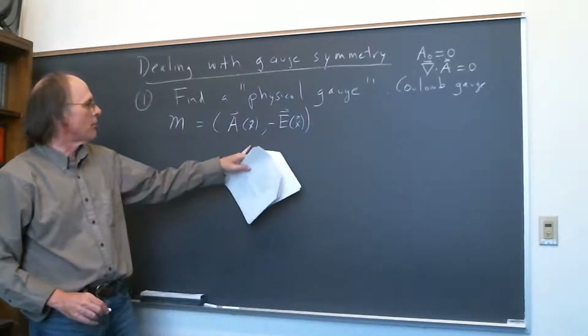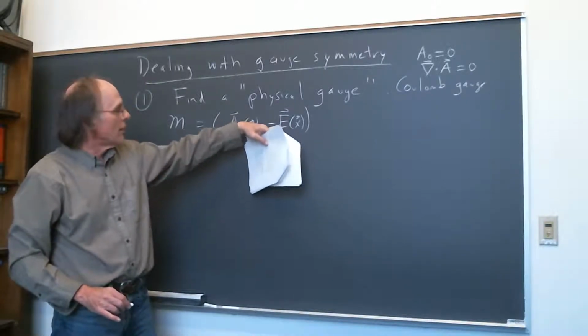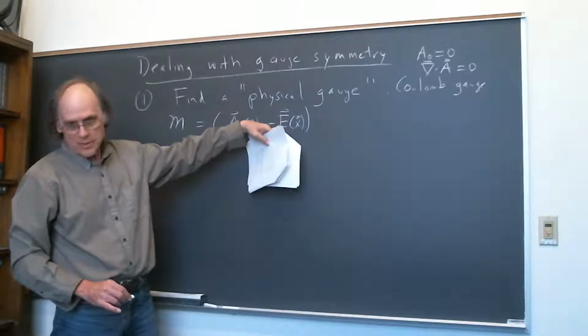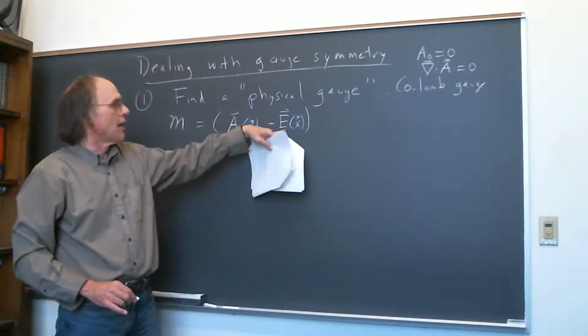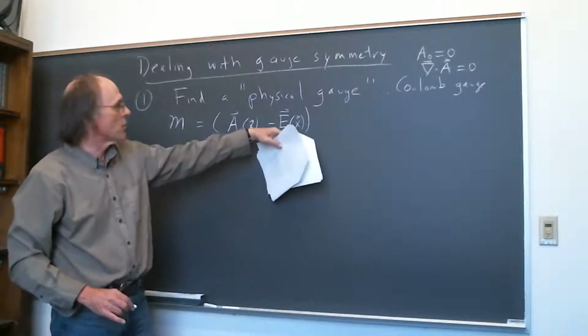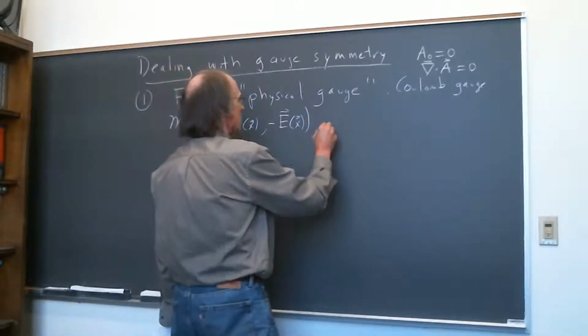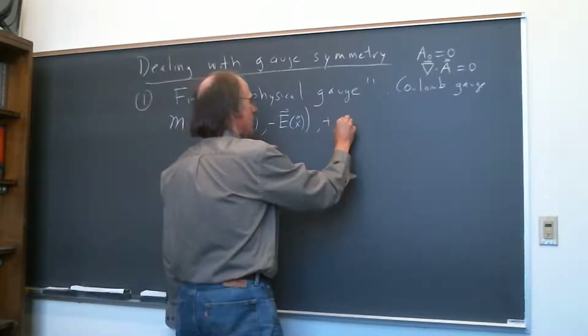But then the problem with this is that you can still do gauge transformations on this, so we have to impose this extra condition, the Coulomb gauge condition.